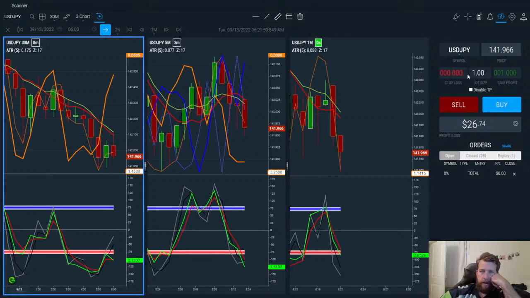Again, just looking at our 5-minute ATR to determine our stop. Sell. Okay, and again, we're not setting specific take profits. We're just getting out whenever it feels good.